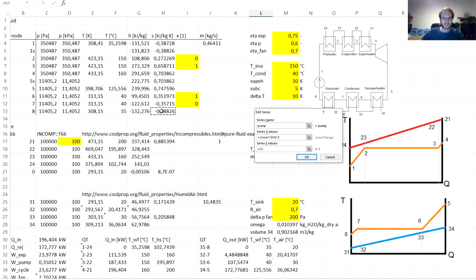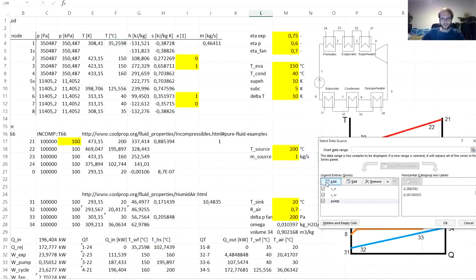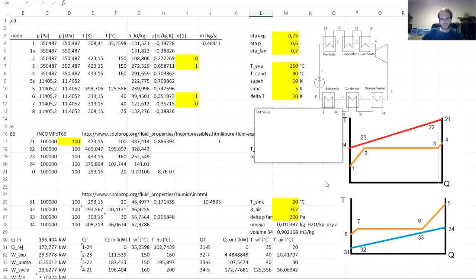So the x-axis is the entropy, so entropy 8 and 1, and the y-axis is the temperature 8 and 1. Next one is the preheater. So the values go from 1 to 2, entropy 1, entropy 2, temperature 1, temperature 2.